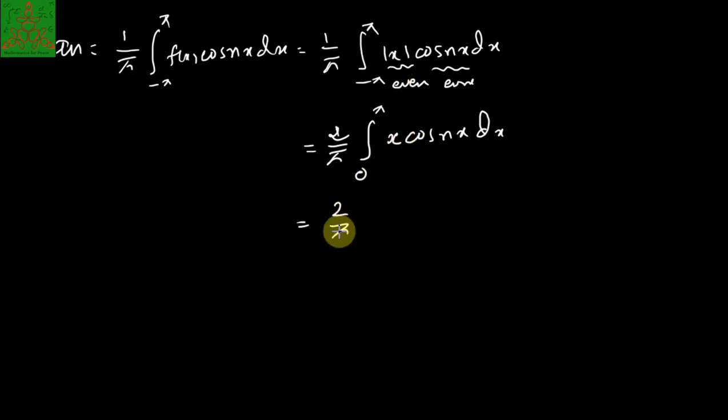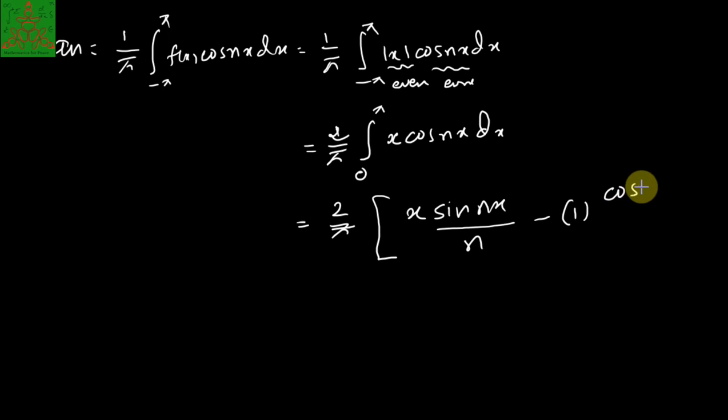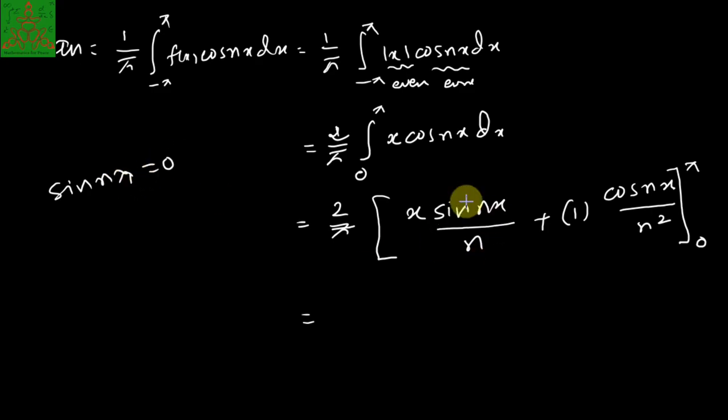And if I use integration by parts here, we have x into sin nx upon n minus the derivative of x, which is 1, times the integration of this quantity, which will be minus cos nx upon n square, and this will become plus. The integration is from 0 to pi. Now to substitute pi, we know that sin n pi is 0, so the first value is 0.